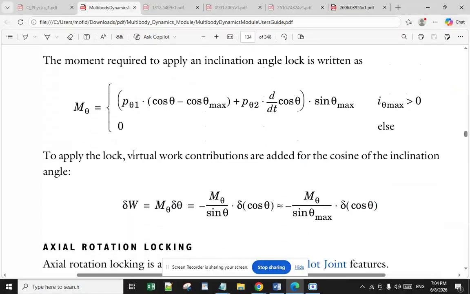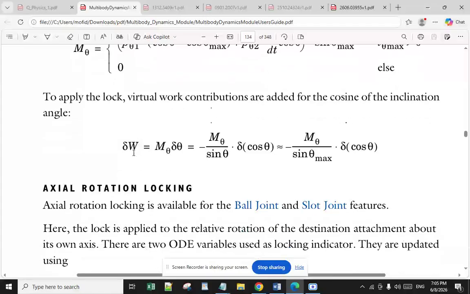The moment required to apply the inclination angle lock is written as M theta is equal to p theta 1 multiplied by (cosine theta minus cosine theta maximum) plus p theta 2 multiplied by the derivative of cosine theta with respect to time multiplied by sine theta maximum when I theta maximum is greater than 0, otherwise we have a 0 value.